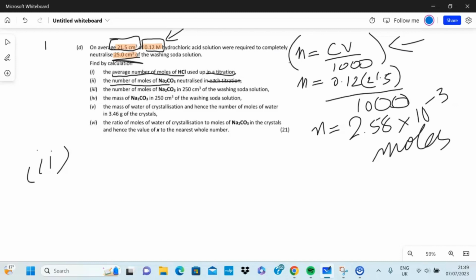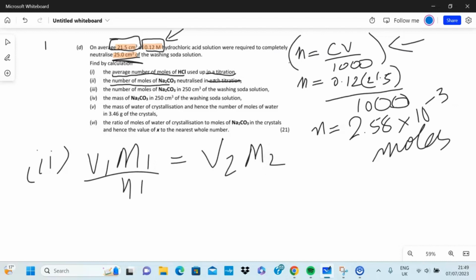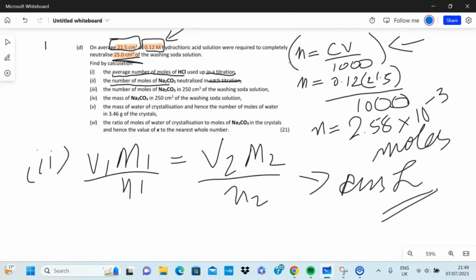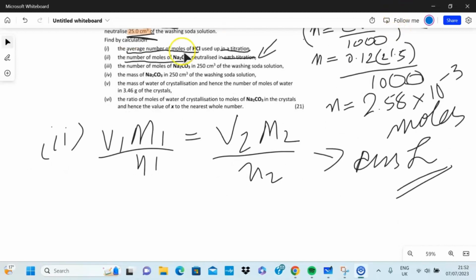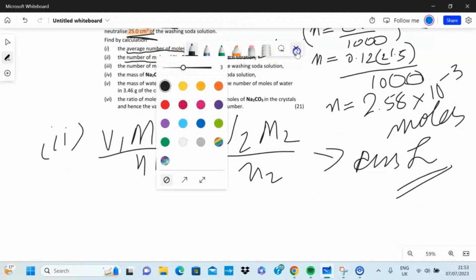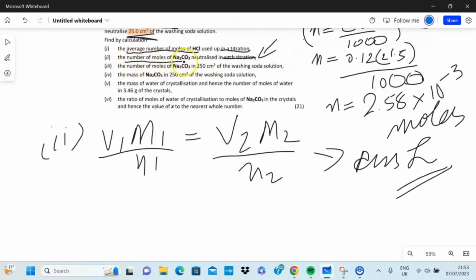In this answer, we would need V1M1 over n1 equals V2M2 over n2, but remember, this formula will only give you answers in liters, so make sure you divide to get the answer in whatever volume they're asking. We don't have to bother about that just now, because it's just asking for the number of moles of Na2CO3 neutralized in each titration.